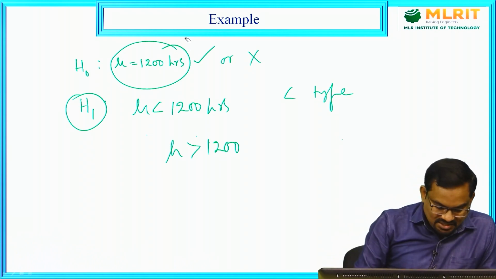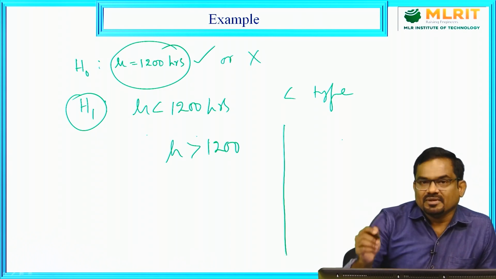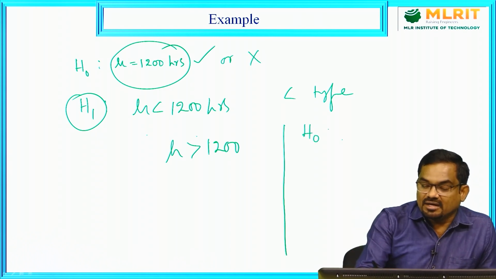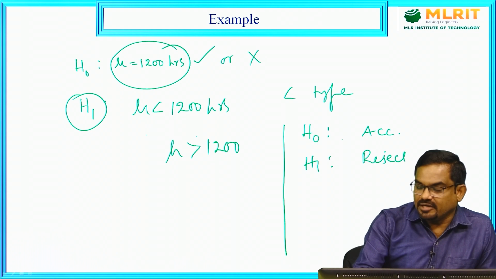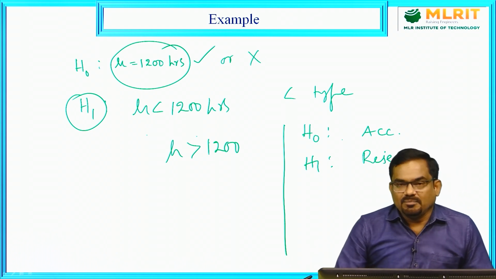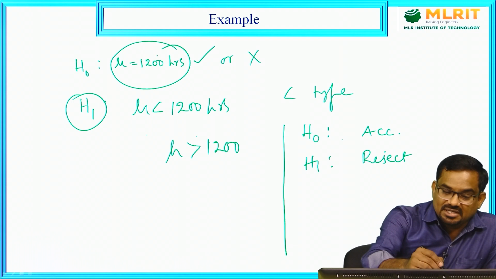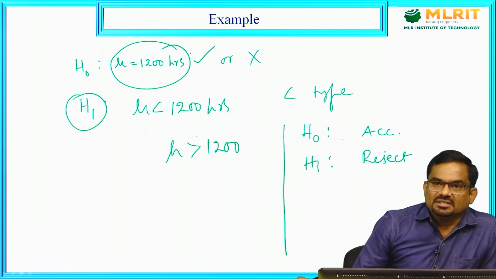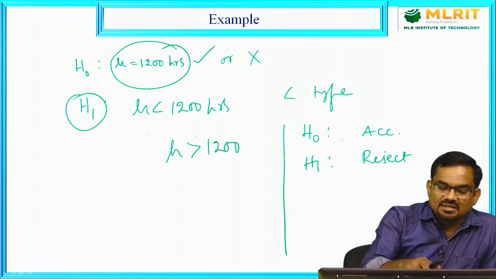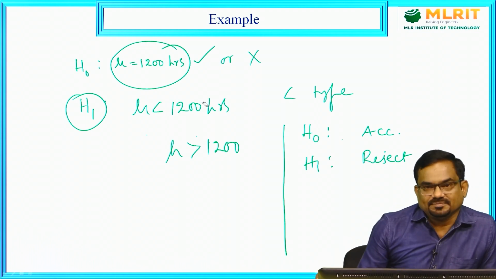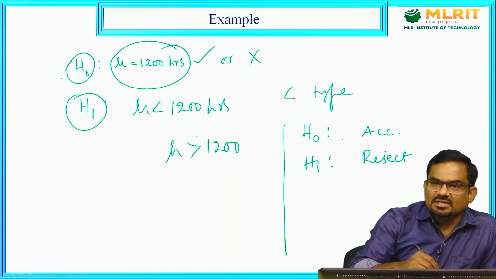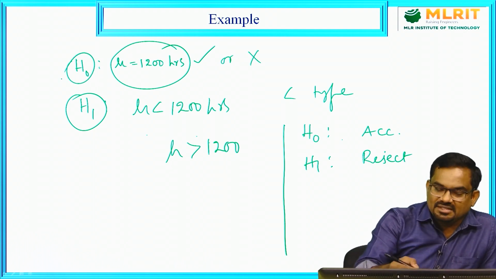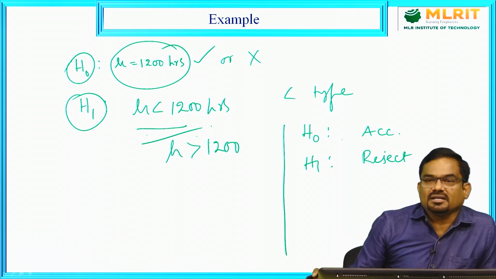And here there is one more point. If we are accepting the null hypothesis, it means we have to reject the alternative hypothesis. For example, if we accept the null hypothesis that mu is 1200 hours, then we have to reject that mu less than 1200. Or else, if we are rejecting the null hypothesis, that itself implies we have to accept the alternative hypothesis.